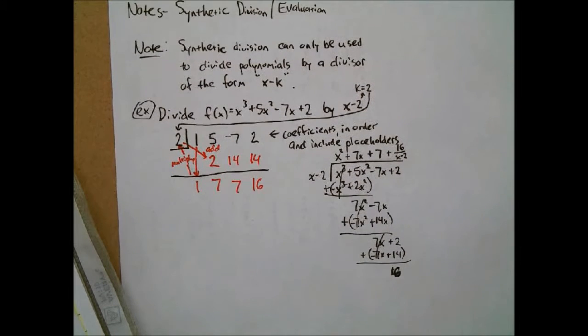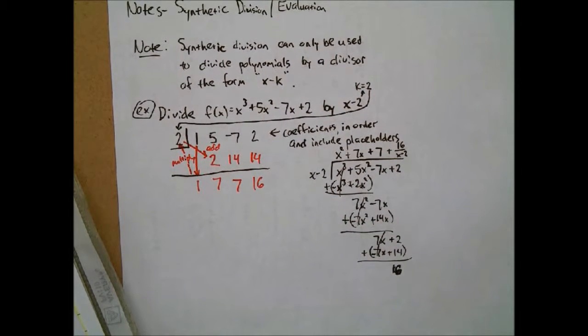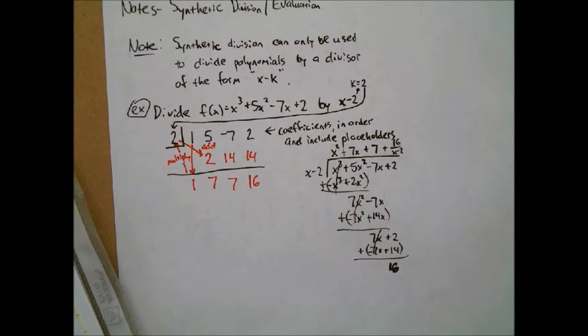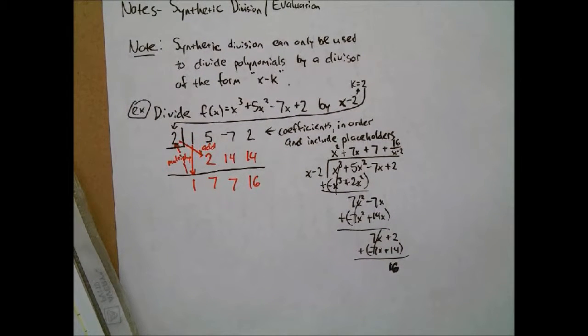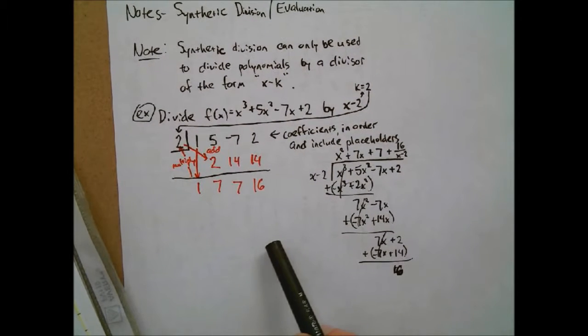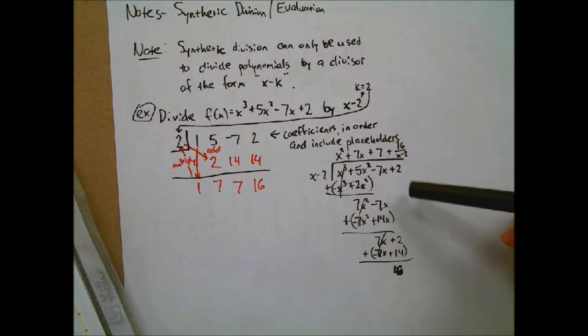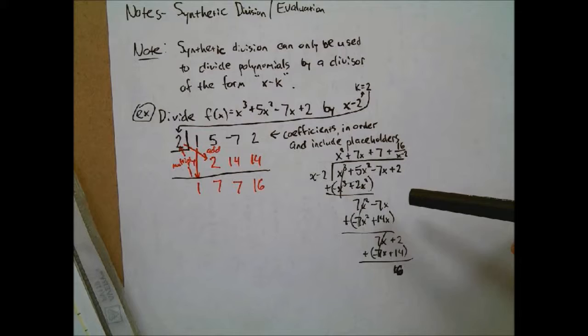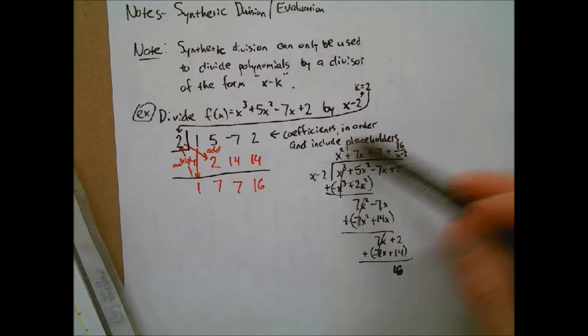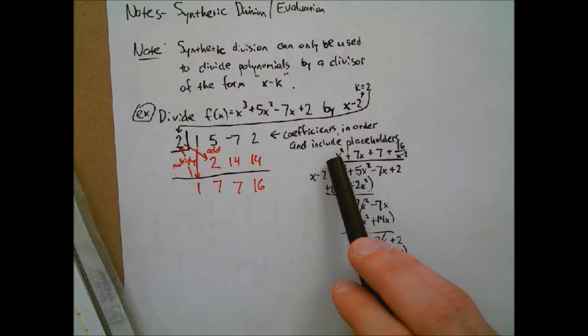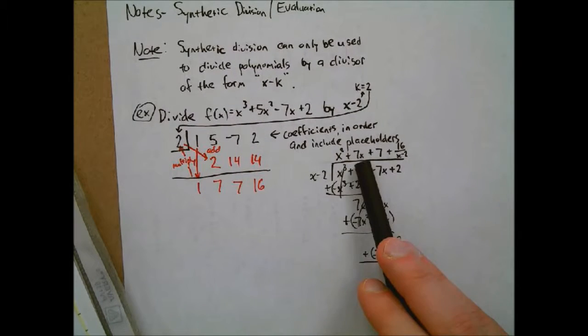So, what are these numbers that we got from our synthetic division? How do they relate? The 1 is the coefficient of x squared, right? 7 is the coefficient of x. 7 is the constant term.